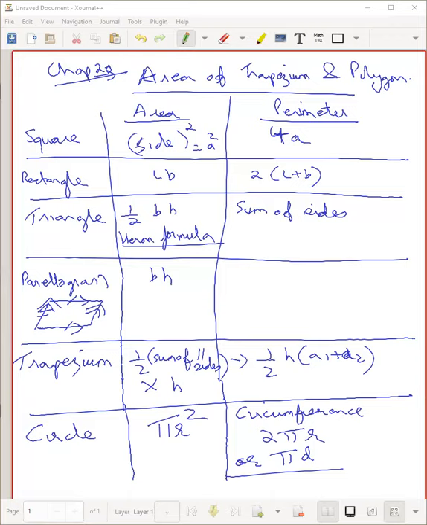Done. Is anybody still copying the formulas? Raise your hand if you're still copying anything. Everyone, please copy it down. Don't take it for granted.